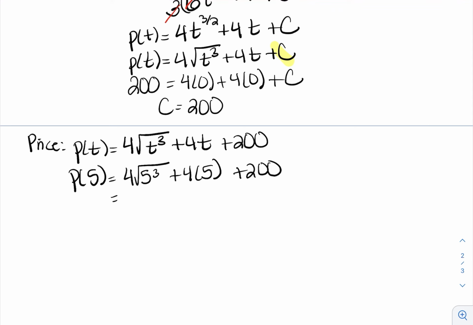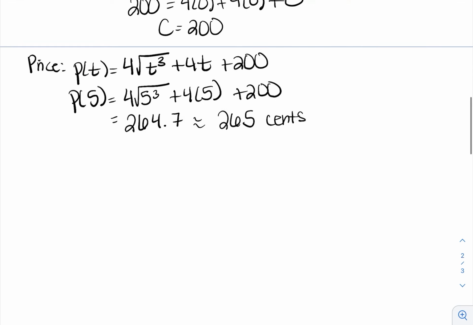So we get here 264.7. So we're actually going to round out to 265. But remember, this was cents. So I need to put it back into dollars. So this will be $2.65. And here's my final answer.